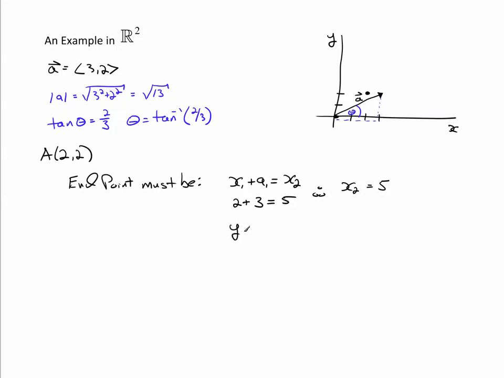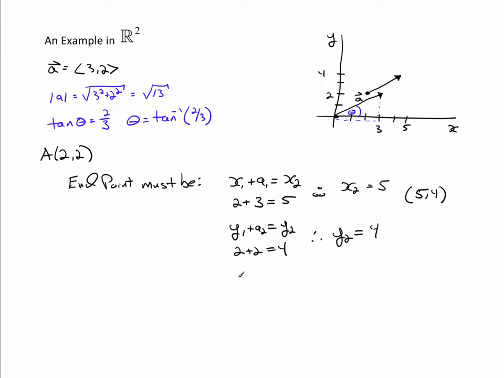I know that y1 plus a2 equals y2. And that's simply going to be 2 plus 2, which is 4. Therefore, y2 is equal to 4. So my end point will have coordinates 5, 4. So see, 3, 4, 5. That was 2, so that's 3, 4. So 5, 4 is right here.